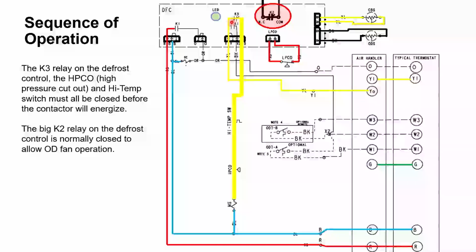This is a normally closed set of contacts, so it passes directly into the high temp switch. This is right on our discharge line of our compressor, through our high pressure cutout, to our compressor contactor right here. Okay, and of course, common ties to the compressor contactor as well.